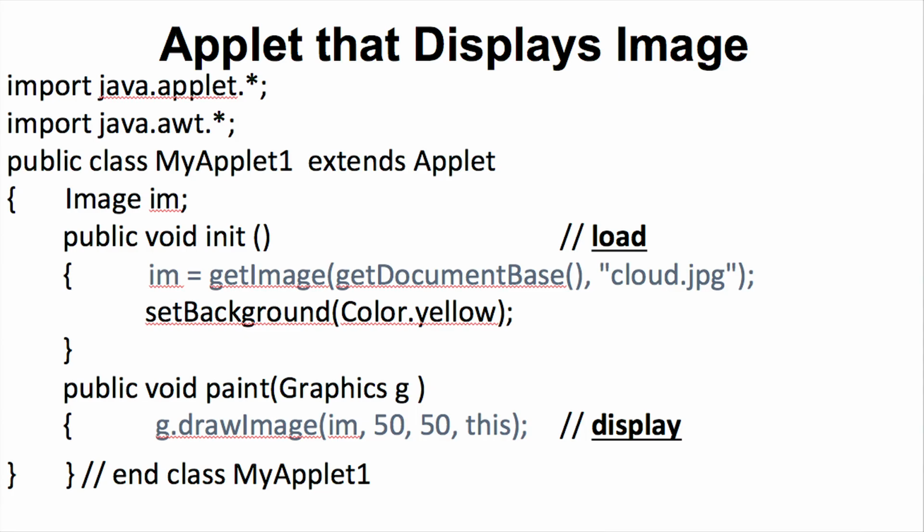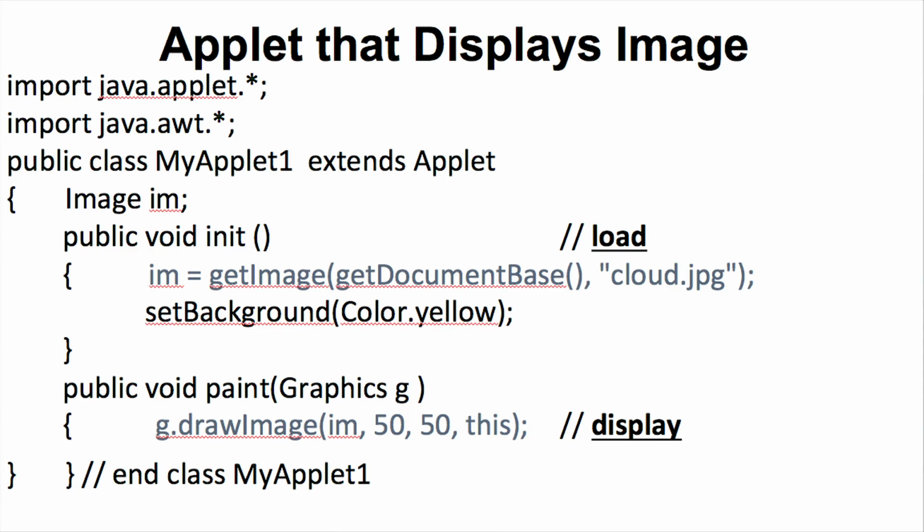We have taken an Image object im, and in the init function, by using getDocumentBase we are loading cloud.jpg, which is in the default directory of our computer. Another command, setBackground, changes the background color to yellow. Then see another function, public void paint(Graphics g).